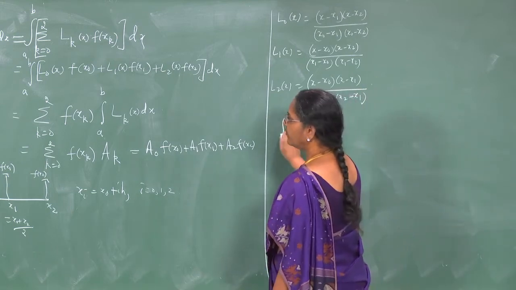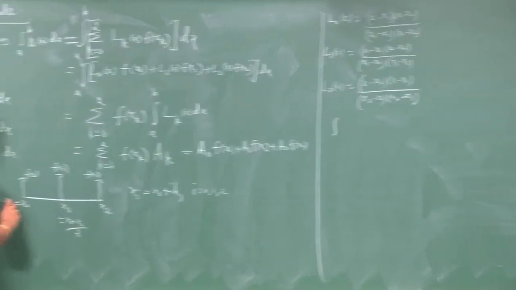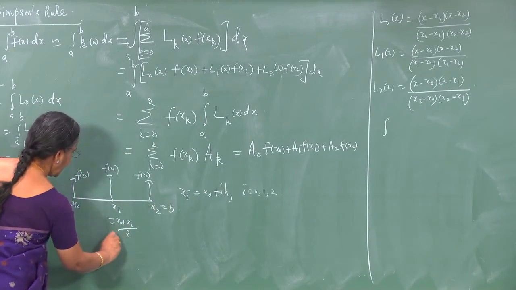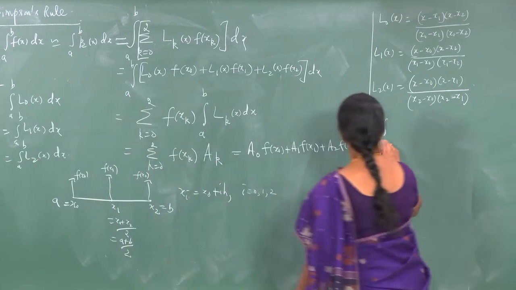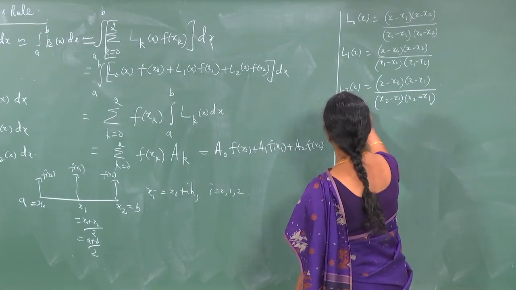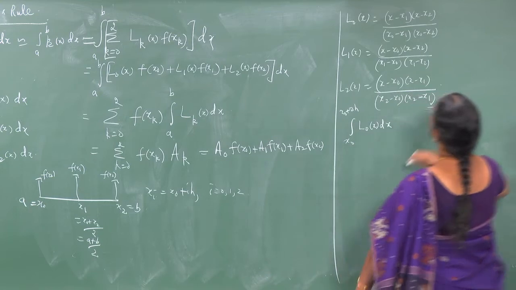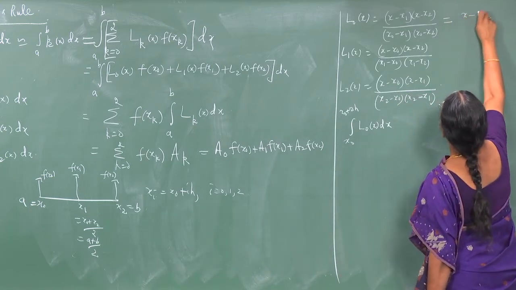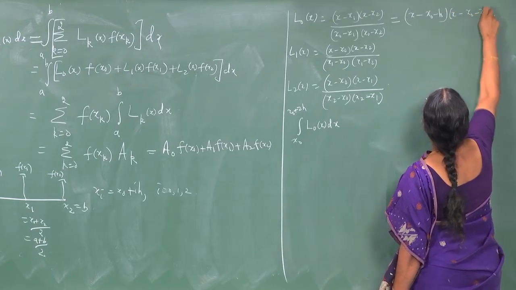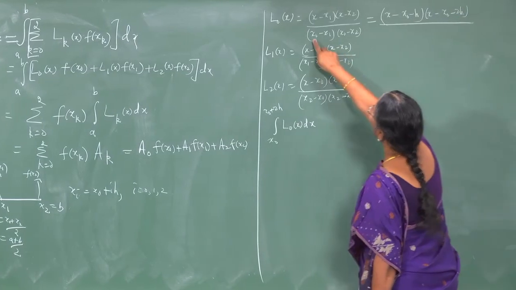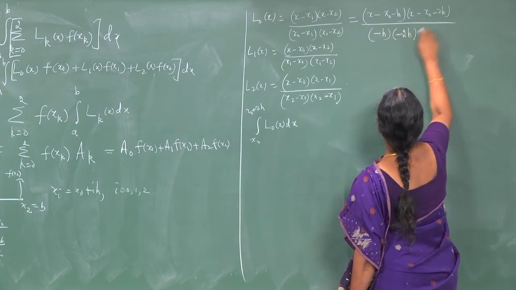So, I have integral a to b. What is my a? a is x0 and b is x2, and the midpoint is a plus b by 2. So, I require the integral from x0 to x0 plus 2h of L0 of x dx. I can rewrite this as x minus x0 minus h into x minus x0 minus 2h by, since x0 minus x1 is minus h and x0 minus x2 is minus 2h, 2h squared.